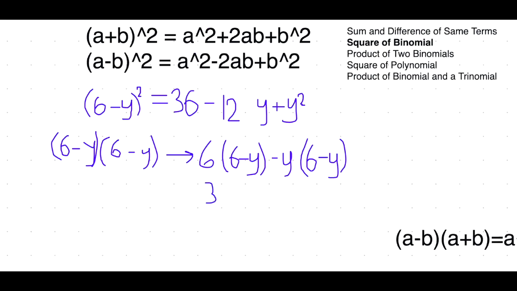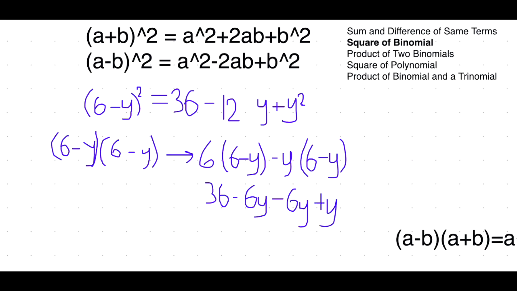Minus y times 6 is minus 6y. And then minus y times 6, that's minus 6y. And then minus y multiplied by minus y, they are both negative, and multiplying a negative by a negative leads to a positive, so it becomes plus y squared.